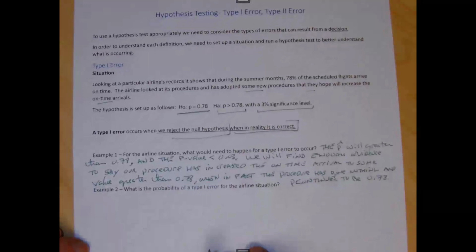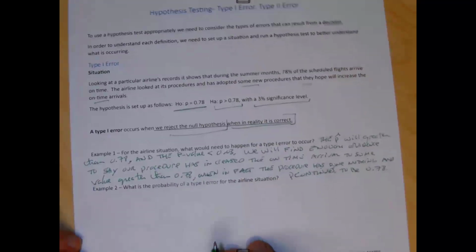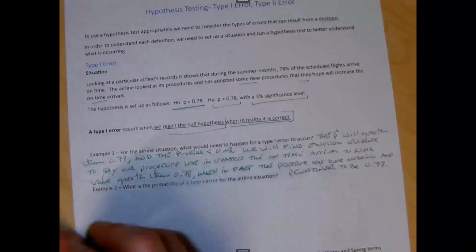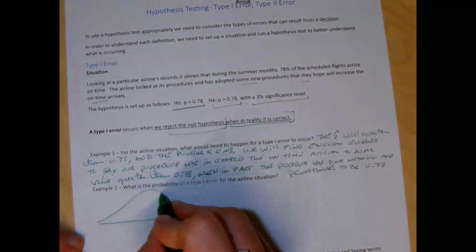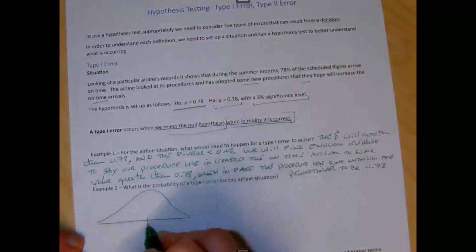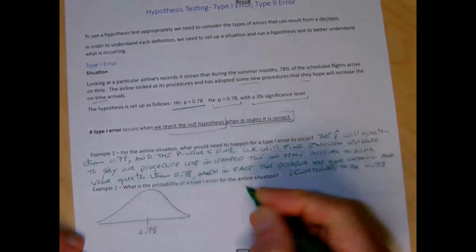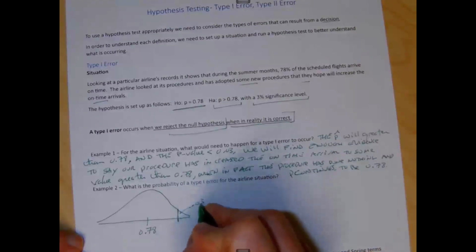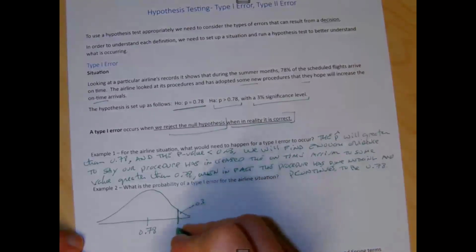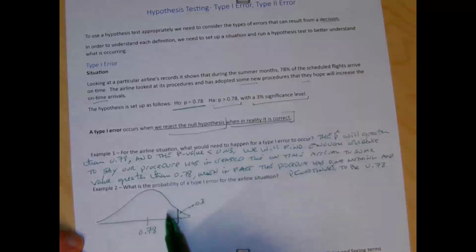All right. So now the question is, what is the probability of a type 1 error for this airline situation? Let me draw a picture here, because we need to make sense of this. So here's 0.78. And there's some critical value here, which I'm not sure what it is, but this area right here is 0.03. So there's some critical value that separates the lower 97% from the upper 3%.